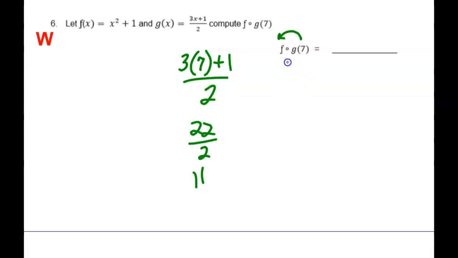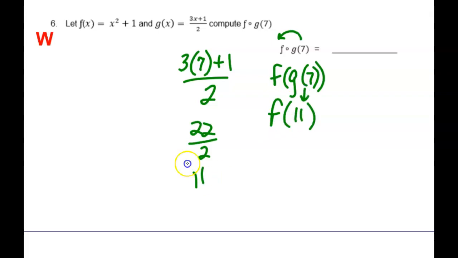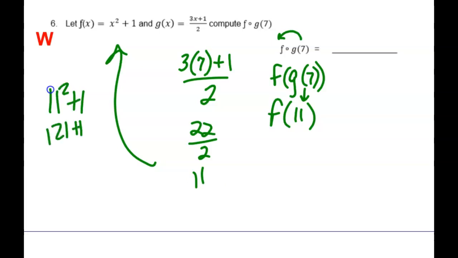And then you put that answer into F. And we found that value to be 11. So then you're putting 11 into F. So 11 squared plus 1 is 121 plus 1 or 122. Questions?